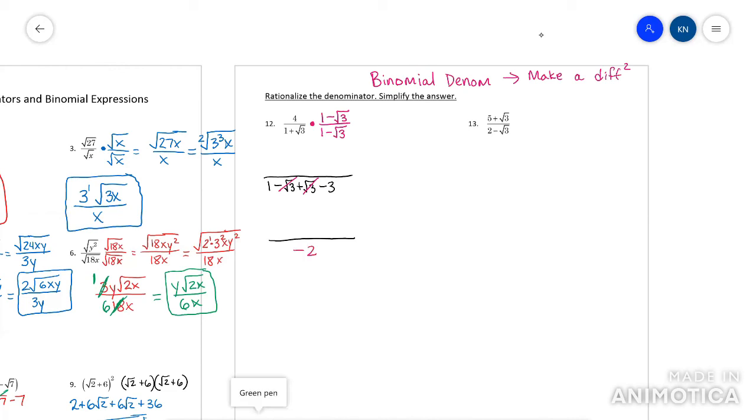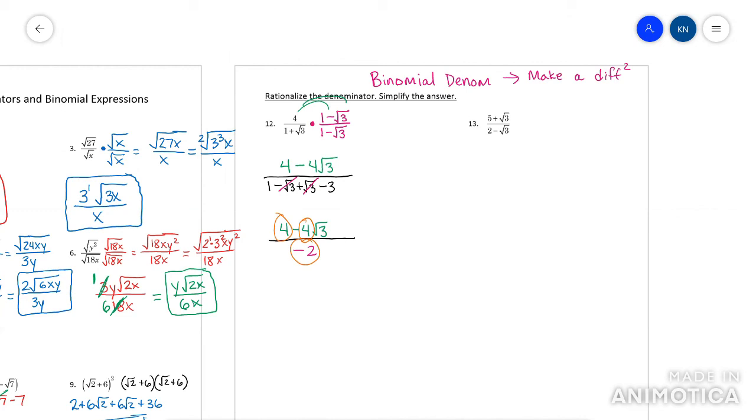Now the top, you will have to distribute. So it's going to be like this. 4 times 1 is 4. 4 times minus root 3 is minus 4 root 3. And the majority of the time you would be done here. Only problem is all these numbers, they all have to be reducible. These numbers, not the root, the numbers out in front. If they can reduce, they reduce. So you have to reduce it.